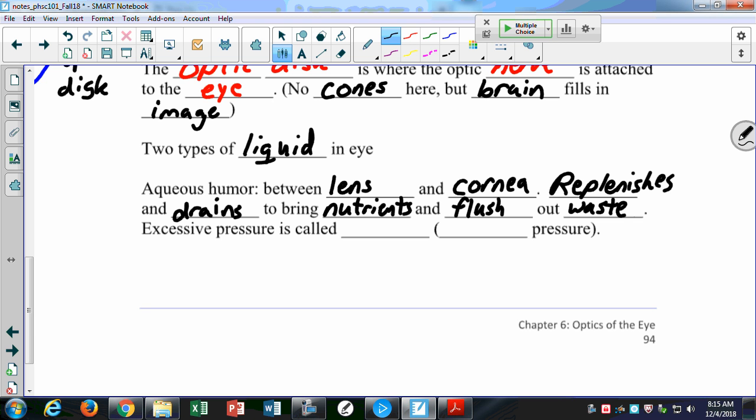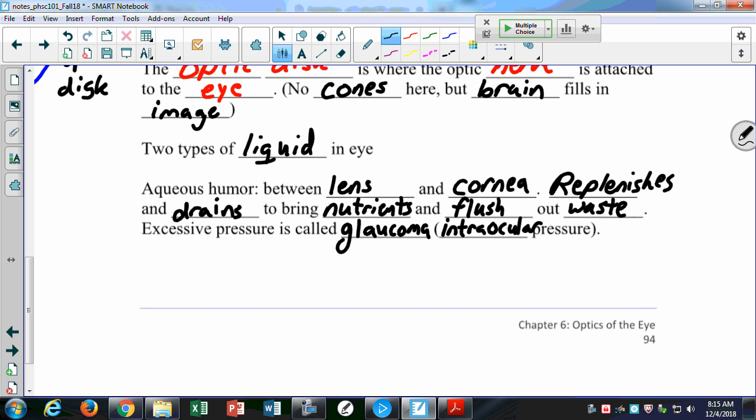And excessive pressure is called glaucoma. Remember, this was our intraocular pressure, the pressure inside the eye.